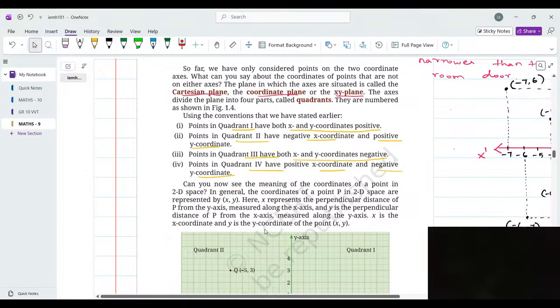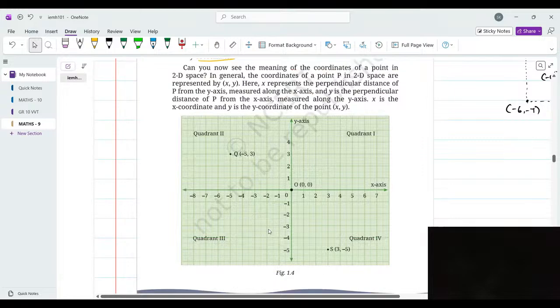Let us take a 2D plane. Here x represents the perpendicular distance of P from the y-axis. Let me take this point. This is nothing but the x, y coordinate.